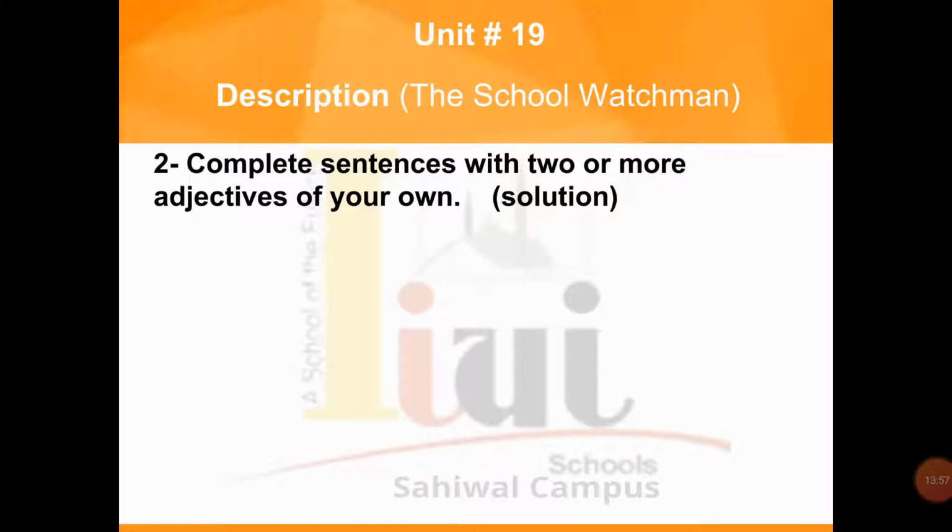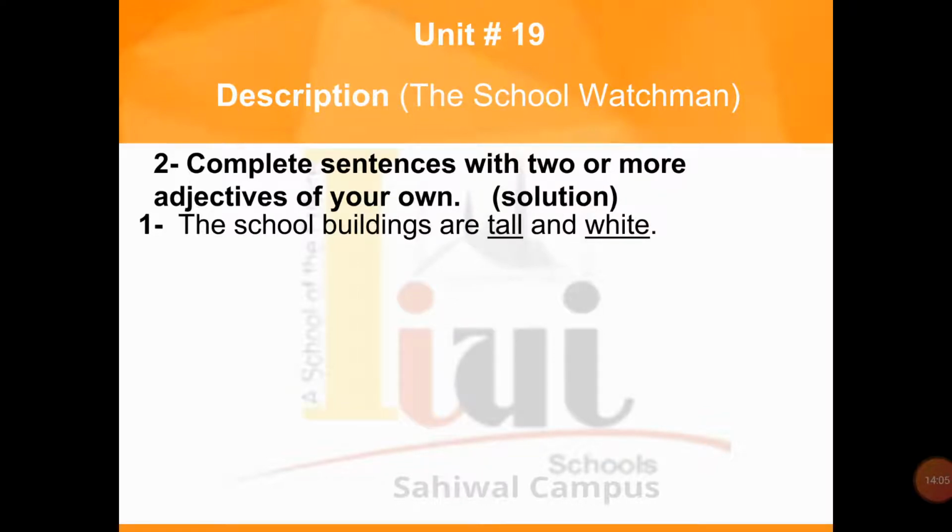You have been given sentences and you have to fill the blanks with adjectives. The first sentence is: the school buildings are, I added here, tall and white. You can add your own adjectives, but make sure that they are grammatically correct, spelled correctly and make sense, of course.